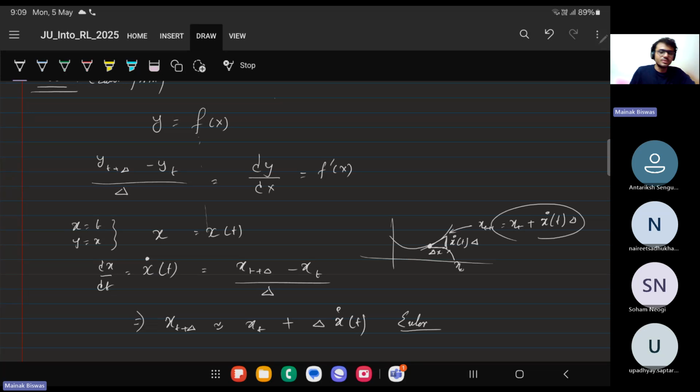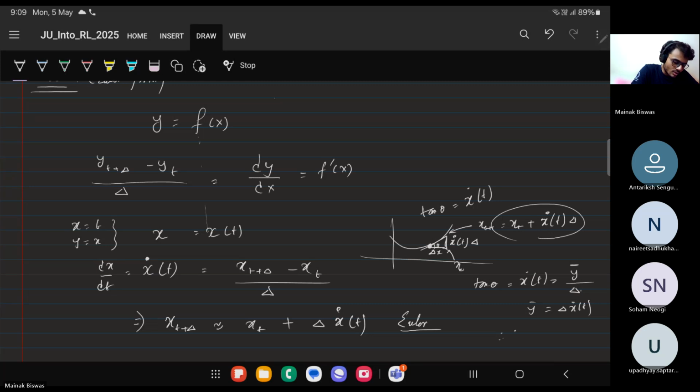We can clearly see from the graph. Yes or no? So this is theta, tan theta is equal to x dot t, which is perpendicular by base, that is y bar by delta. So y bar is equal to delta x dot t.